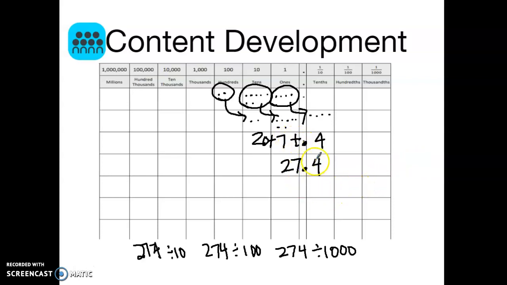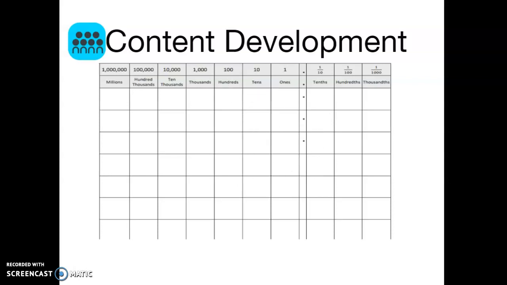Now we're going to look at patterns that we notice. This first one was 27 and 4 tenths. Let's take a look at the next one. What happens when we divide by 100? This time we're going to divide 274 by 100.